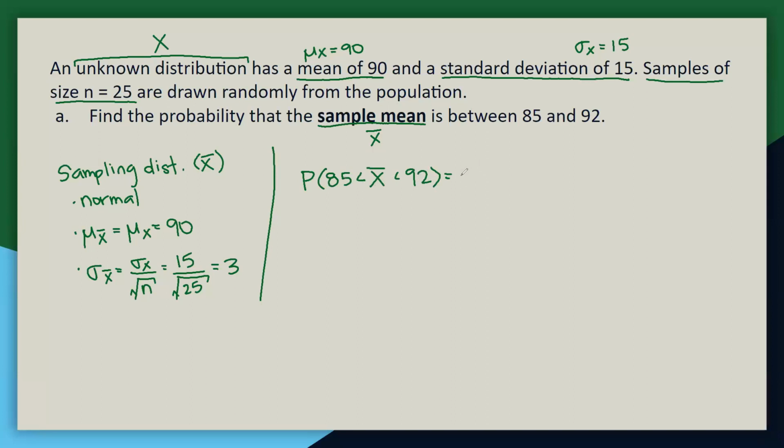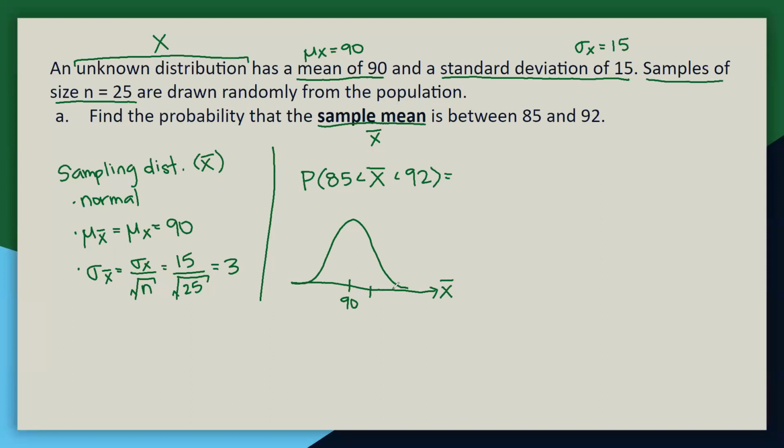If I'm doing this on a TI, I know I'm calling normal CDF. If I'm doing it on GeoGebra, I'm going to have to do a normal call. But before I look at those function calls, let's do what we know we're supposed to do at the beginning and draw our picture. That is horribly messy, and I apologize. I'm going to label my axis x bar because we're distributing sample means. I know that peak is at 90.